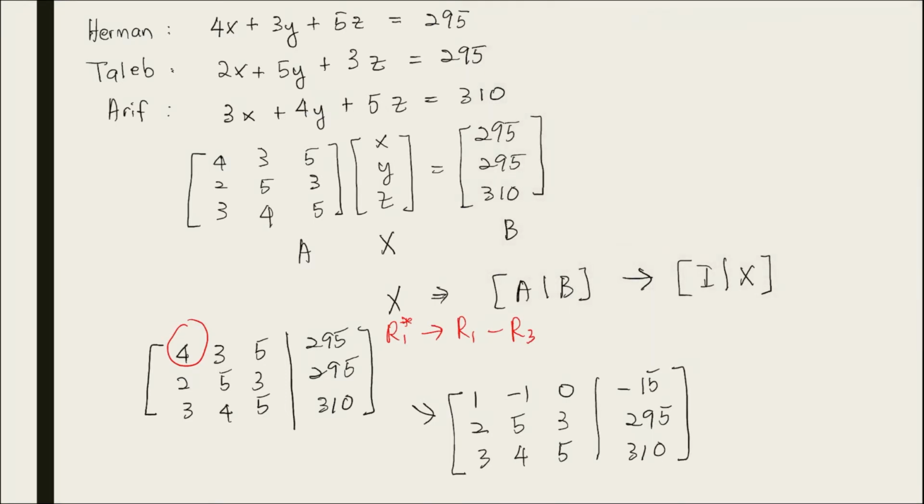And then the next step is to change the numbers below the 1 in the first column to 0. So how do we change 2 into 0? Row 2 is row 2 minus 2 times row 1. And row 3 is row 3 minus 3 times row 1.